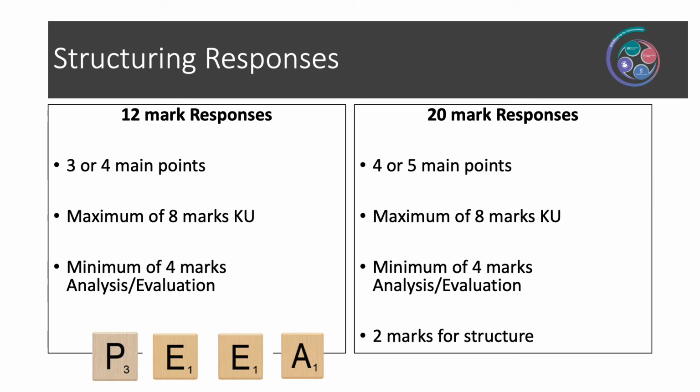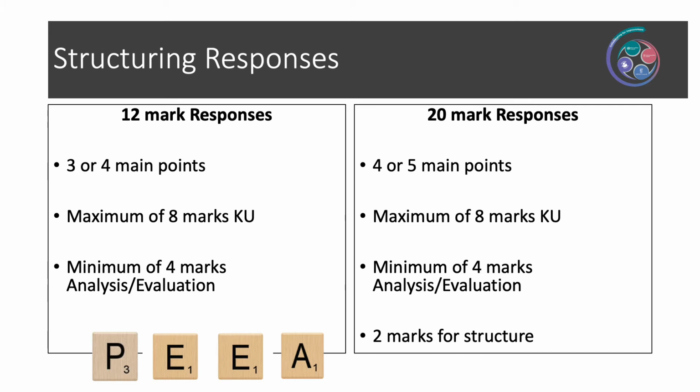You can still get to the full 12 marks, but you have to make sure that you do have analysis in. So if you're providing a piece of knowledge, you have to comment on that. You have to make a judgment. You have to link it. You have to identify a trend. And that's the difference between National 5 and Higher. It's not straightforward knowledge. It's now adding that other layer and setting it in context.